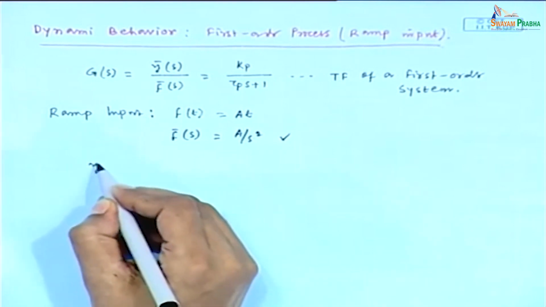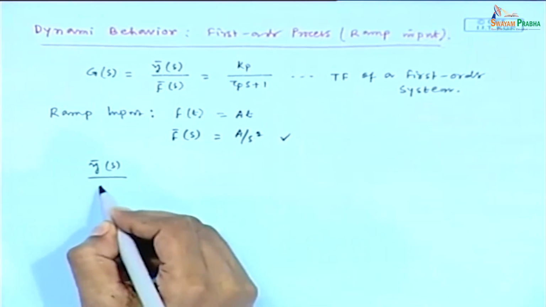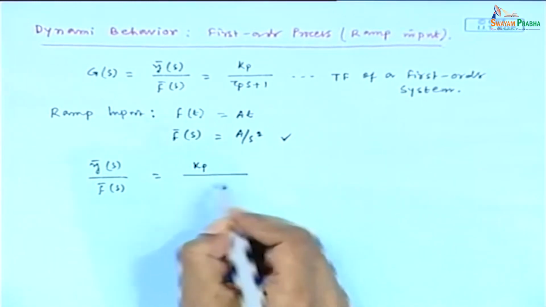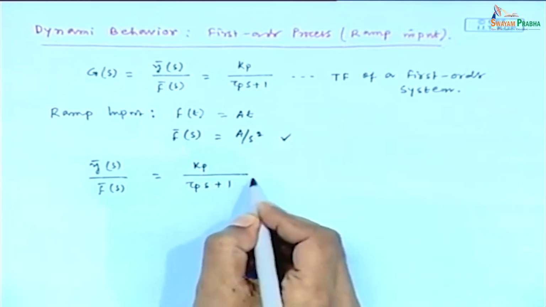Now, our transfer function is y bar s divided by f bar s equal to Kp divided by tau p s plus 1.